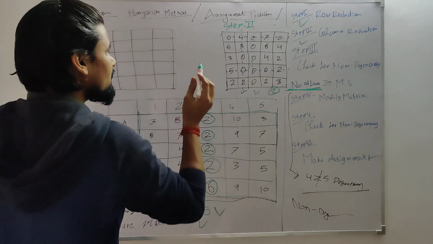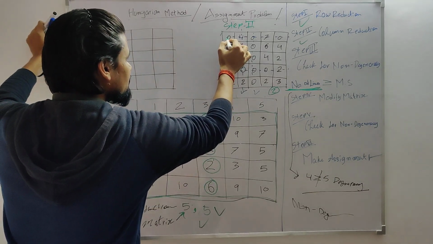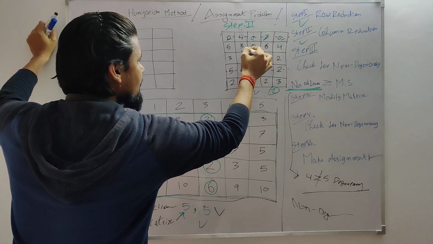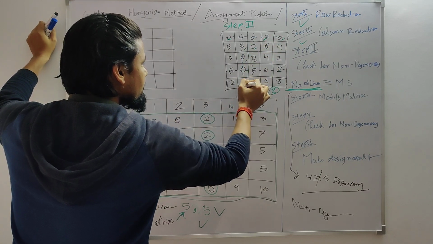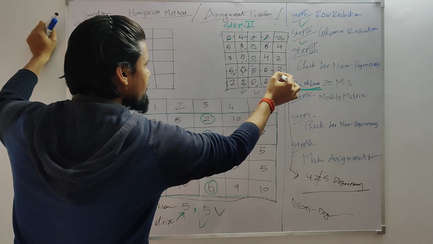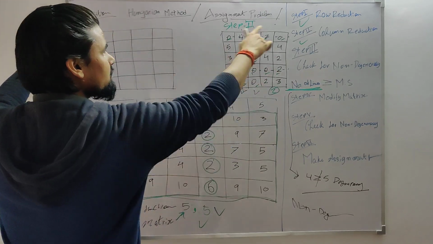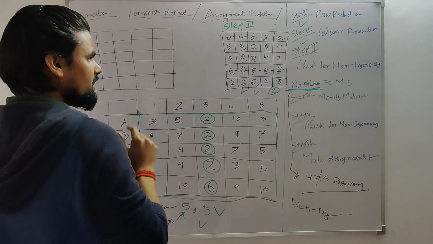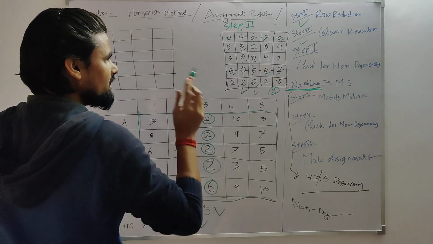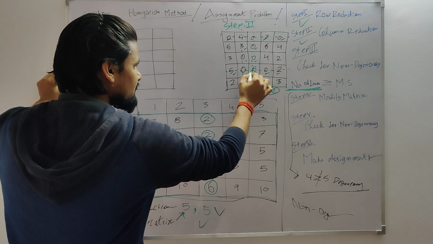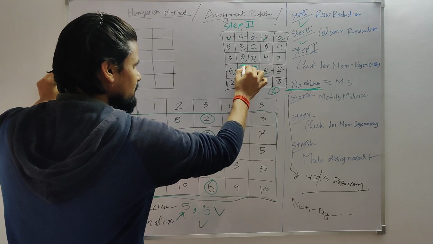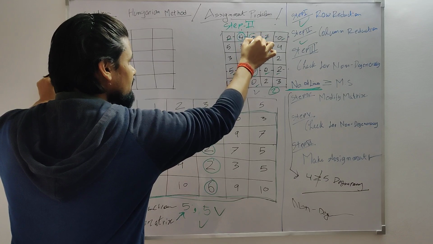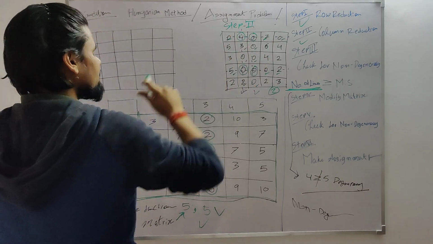So first I will mark this. These are the numbers lying on this line, but now I have to find the intersection points. This is an intersection, this is also an intersection, this is one more, and this is another intersection.